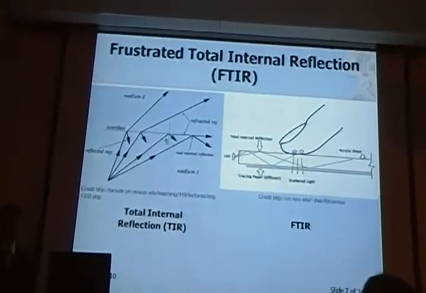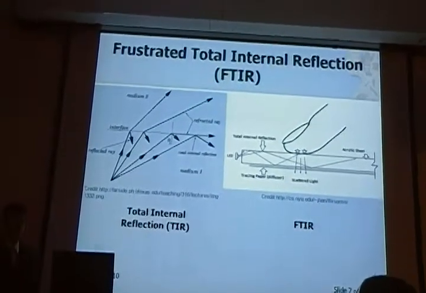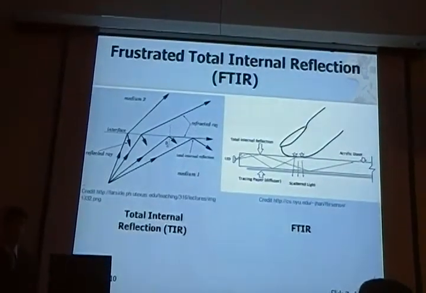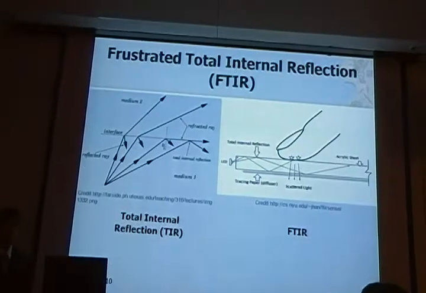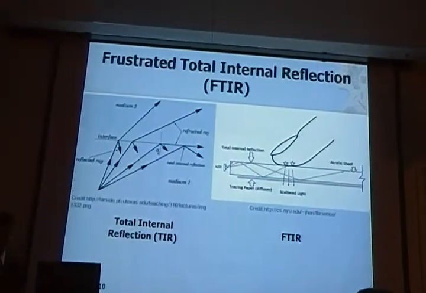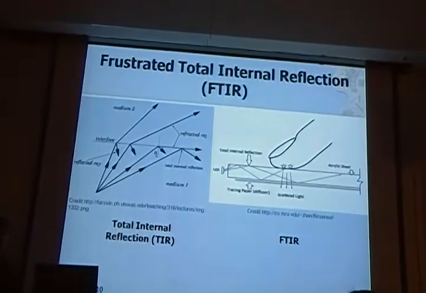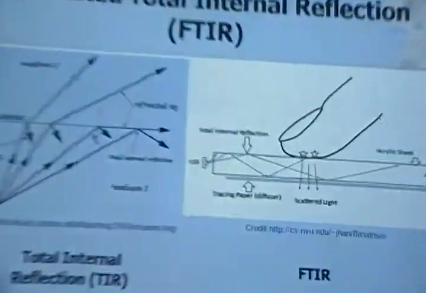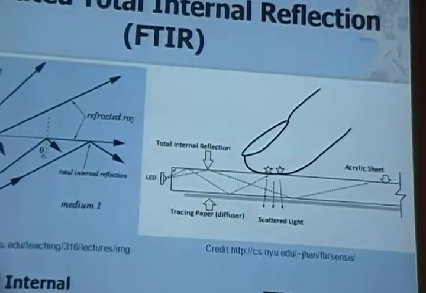The technology applied in this project is called frustrated total internal reflection. This technology is very important for our project because the output of the image processing depends on how effectively we can capture the image of the finger touch.